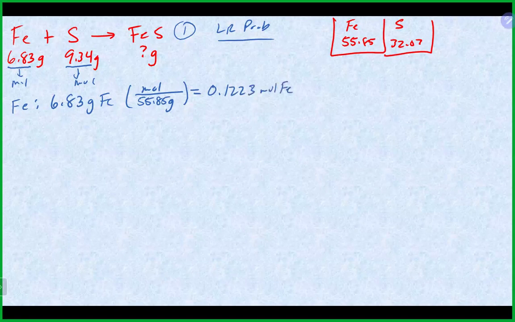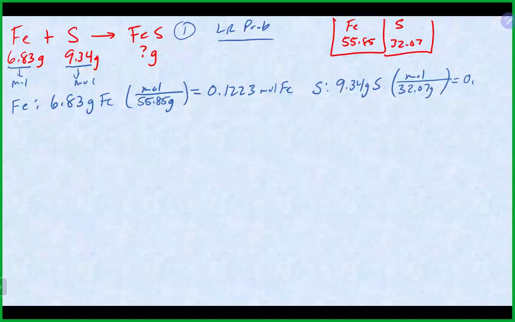I'm going to do the same thing for my other reactant, sulfur. I have 9.34 grams of sulfur, using the molar mass from the periodic table, 32.07 grams per mole. That gives 9.34 divided by 32.07, 0.2912 moles of sulfur. Any questions so far?